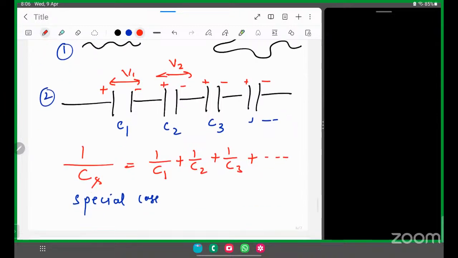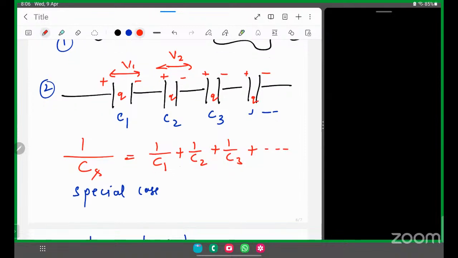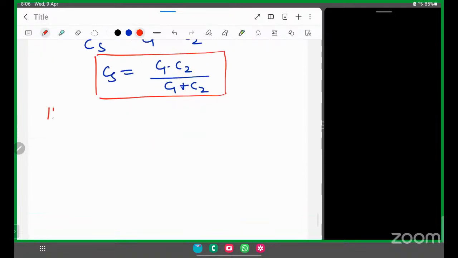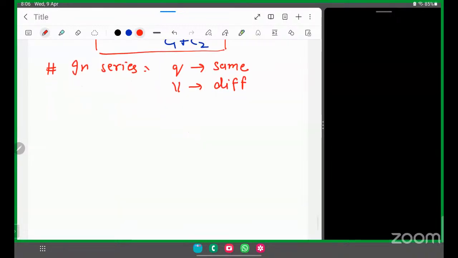If capacitor C1 has charge Q, C2 also has charge Q, C3 also has charge Q and so on. So another important point about series is that Q is same for all the capacitors and V is different for all the capacitors. Different capacitor will have different potential.